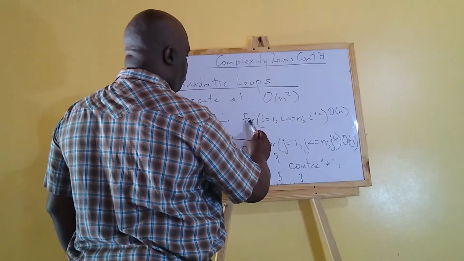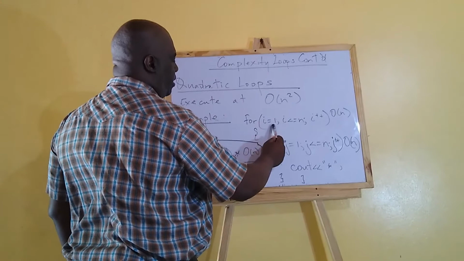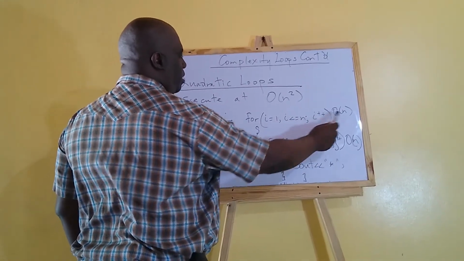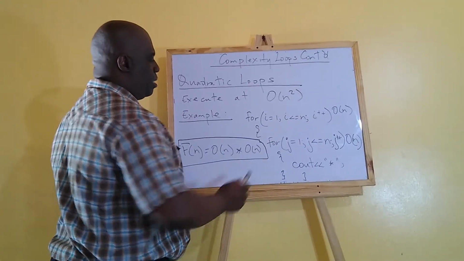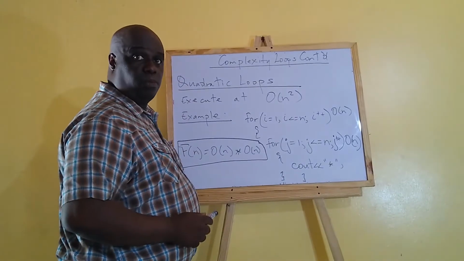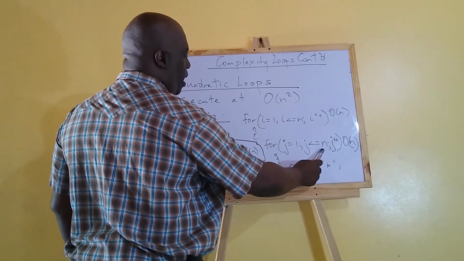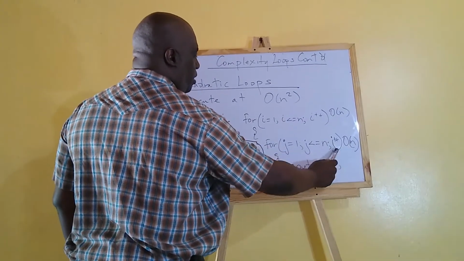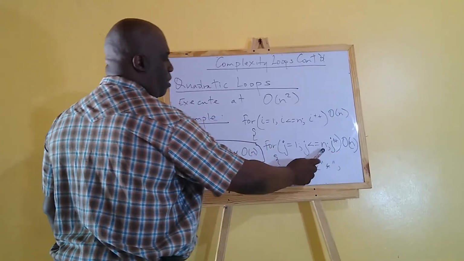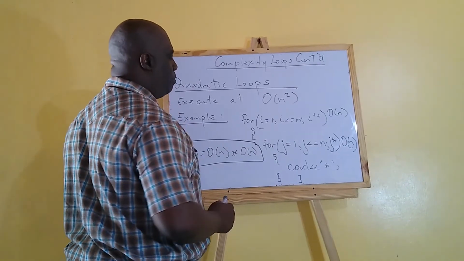So the example, I have a for loop. The first for loop, i starting at 1 executes to n. That's the linear property. And then the second for loop, j starting at 1, j less than or equal to n. That's also executing order of n because each loop goes up to n times.